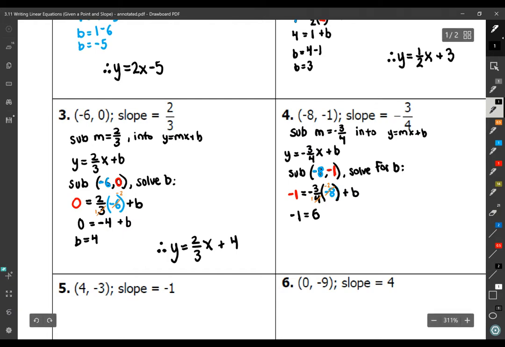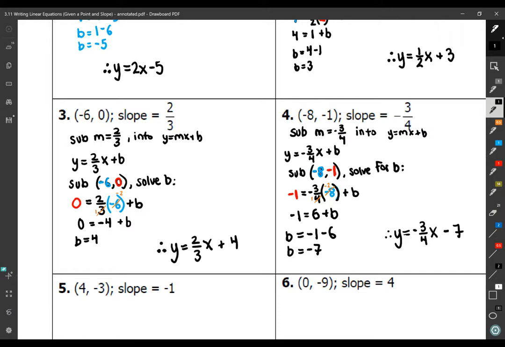That's positive 6 plus b. And then finally, b is equal to negative 1 minus 6. So we get b is equal to negative 7. Okay, which gives us our final equation, y equals negative 3 over 4 times x minus 7.